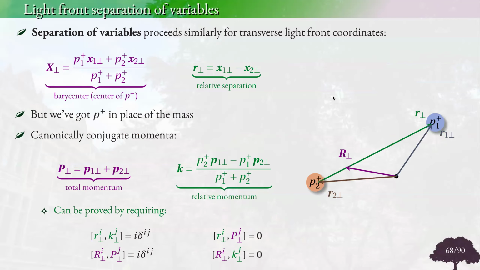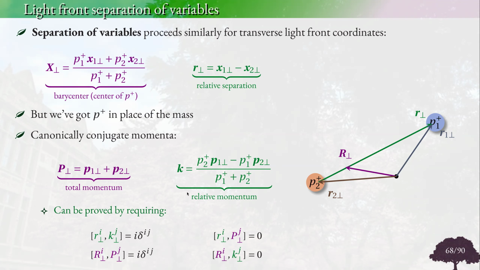Separation of variables for the transverse component in the light front proceeds similarly. You define a barycentric transverse position, but using P plus instead of the mass. So the barycenter on the light front is a center of P plus. And you have a relative separation that's just the separation between the transverse coordinates. You can define canonically conjugate transverse momenta.